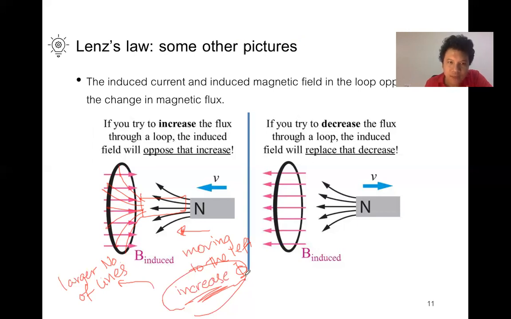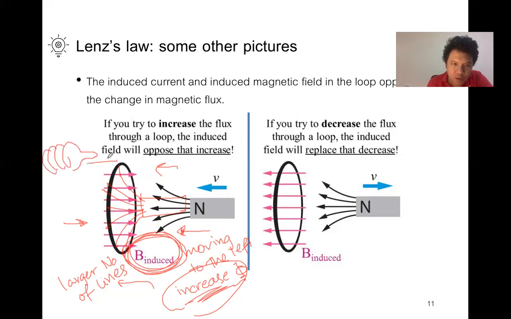When having increased magnetic flux, the magnetic field that is induced must be opposite to the direction of the increase. If the magnetic field that generates the flux is to the left, the magnetic field that is induced is going to the right.